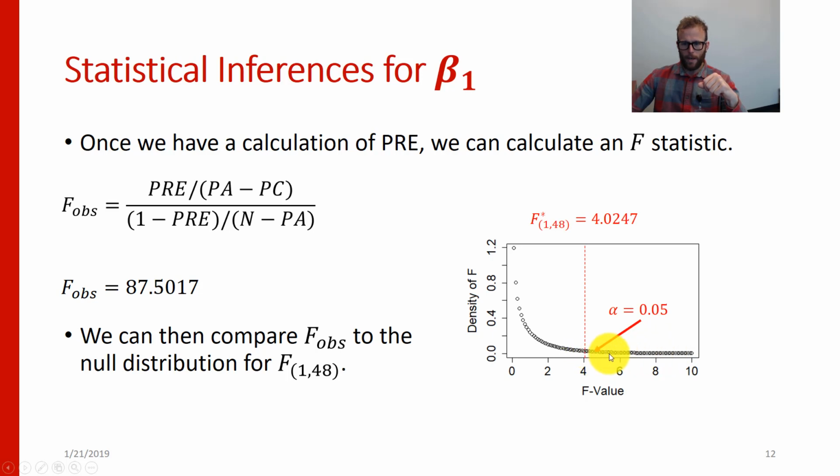So anything greater than this, we would expect to see, due to sampling variability alone, less than 5% of the time under the null distribution. And of course, our F observed value is quite a bit bigger than this. Our F observed value was 87.5, so it's going to be somewhere all the way over here off the screen.